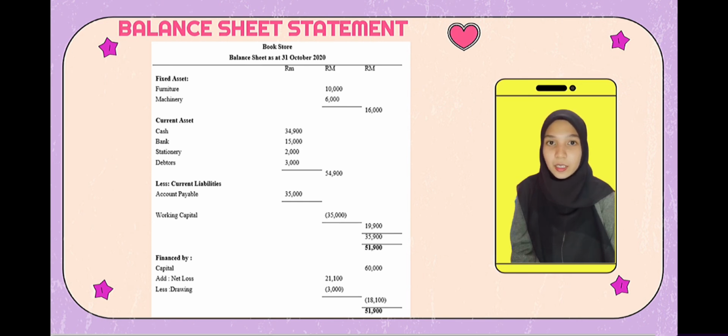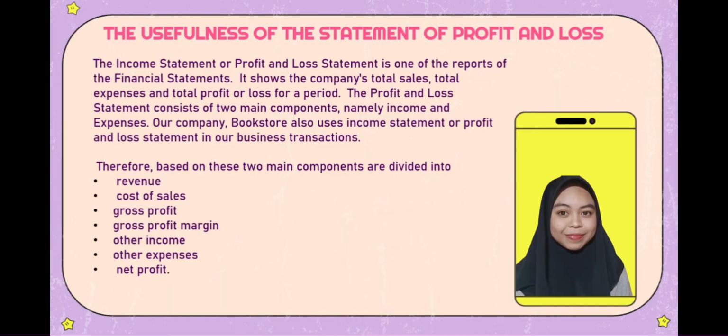Balance sheet as at 31 October 2020. Fixed asset is 16,000. Current asset is 54,900 and total for balance sheet is 51,900.